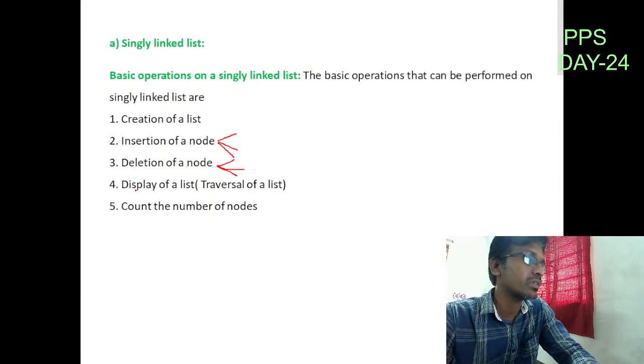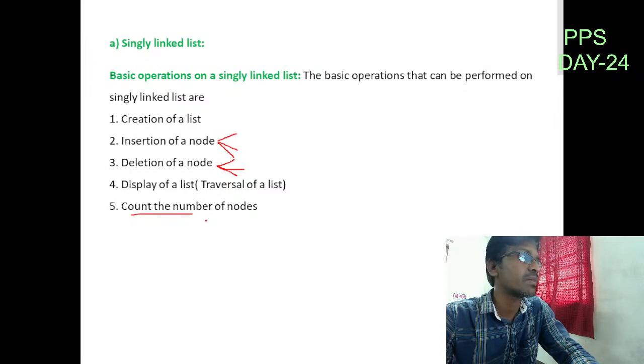After that, we can display the number of elements, or number of nodes, in a linked list. And the last one is count. How many nodes will be left in the linked list after performing insertion and deletion operations? With the help of the count operation, we will count the number of nodes in a linked list.